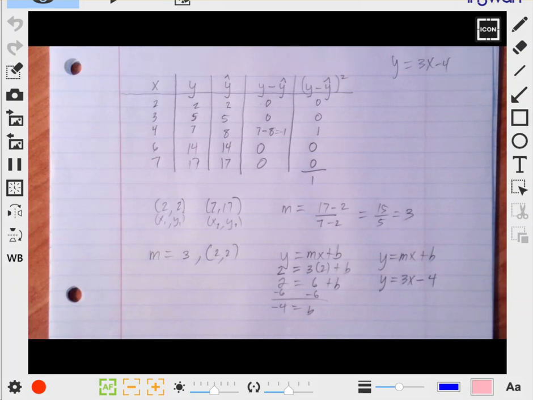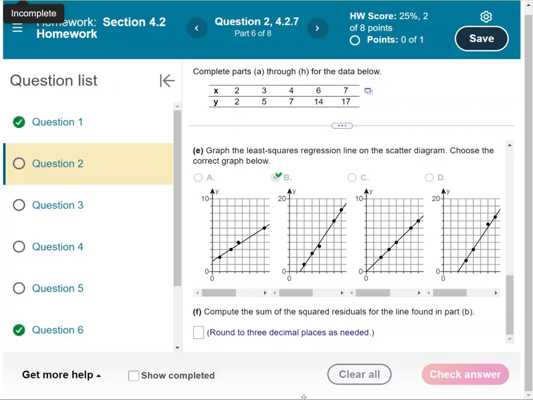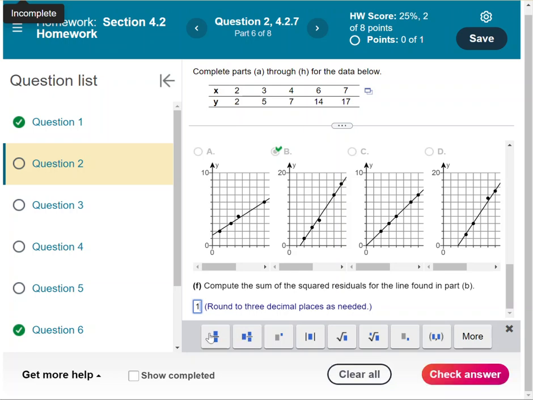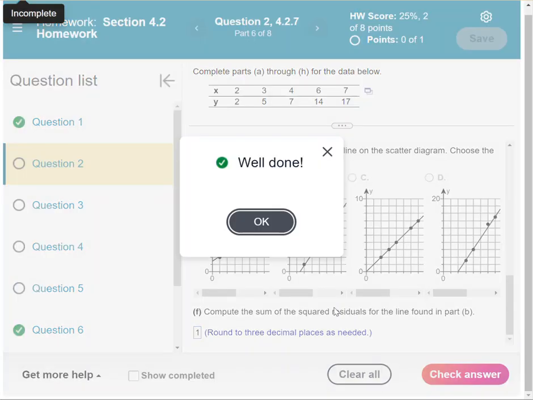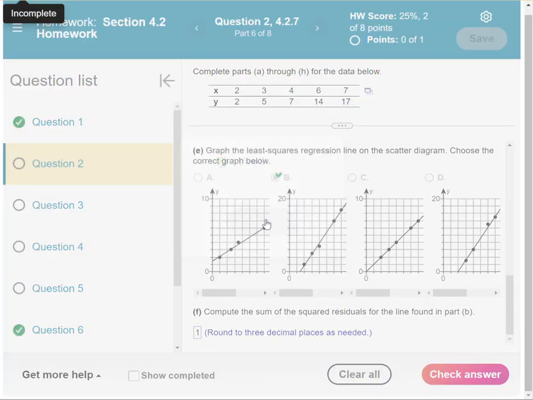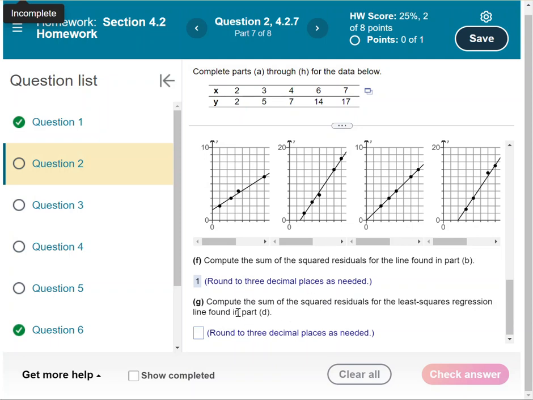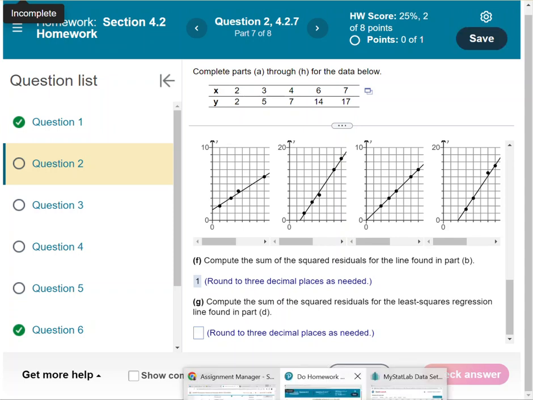So let's go back to the problem and plug that in. All right. Let's see, compute the sum of the squared residuals for the least squares regression line found in part D. Now that's the part that we had the computer do for us, or I should say StatCrunch do for us.